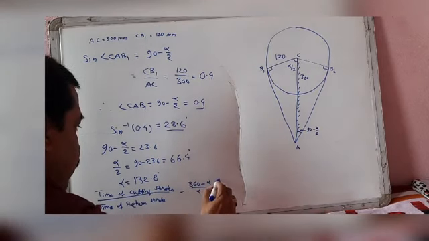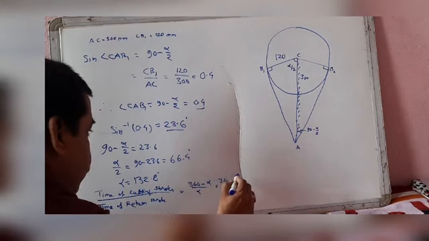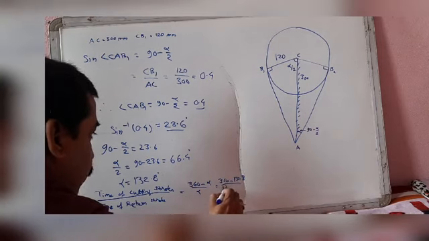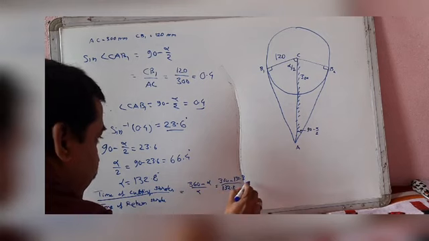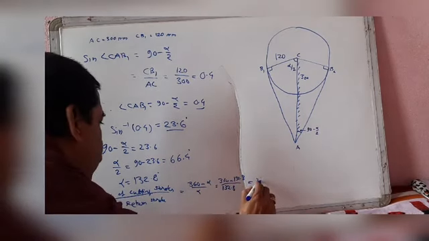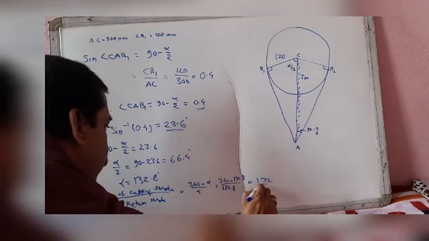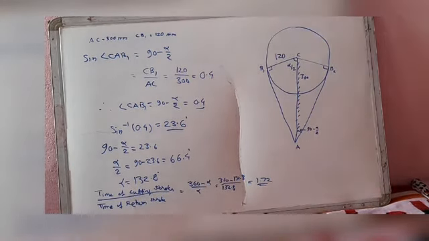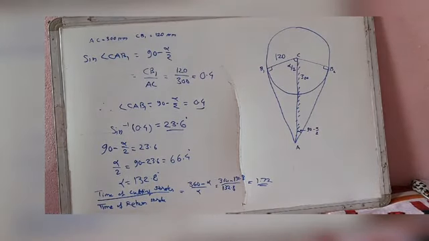Putting the values here, 132.8 by 360 minus 132.8. So this comes to 1.72. So you have to solve similar types of questions, and some questions are given in the next topics.